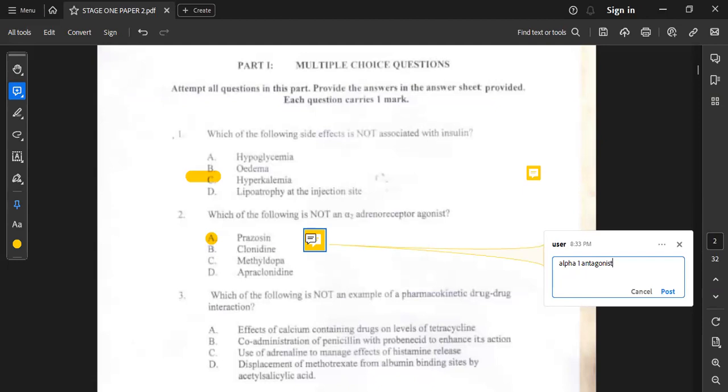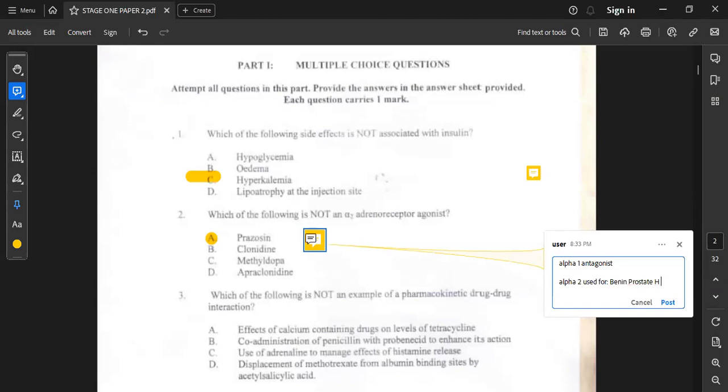We can remind ourselves what they are used for. Either resistant hypertension and BPH, benign prostatic hyperplasia.